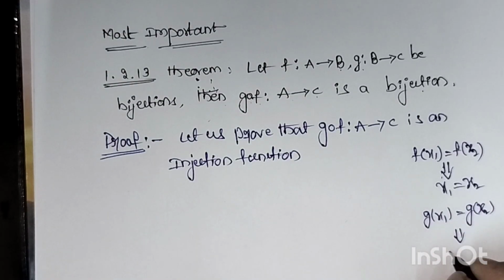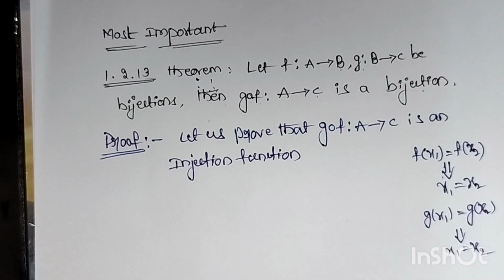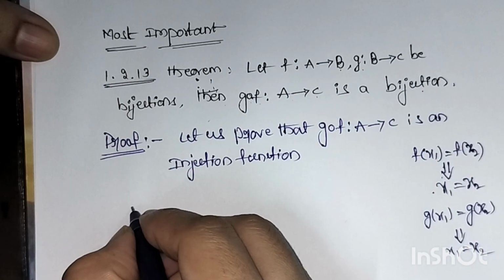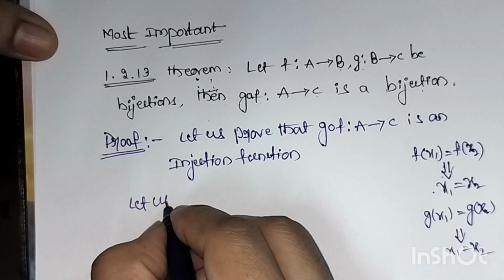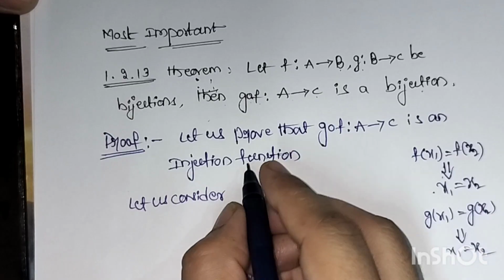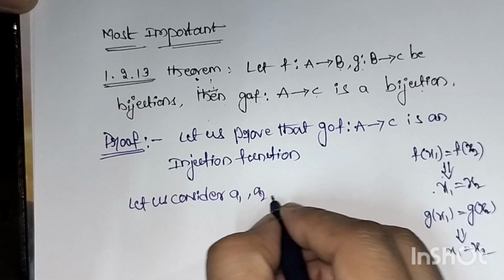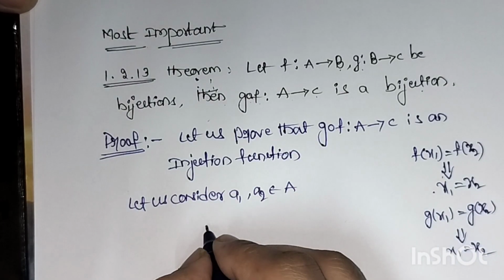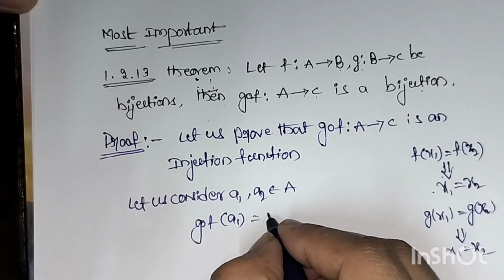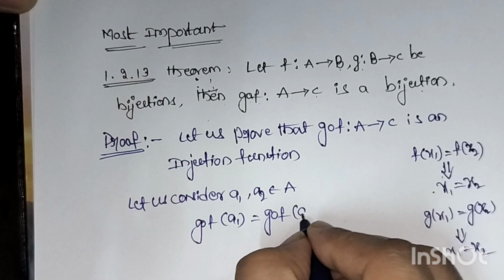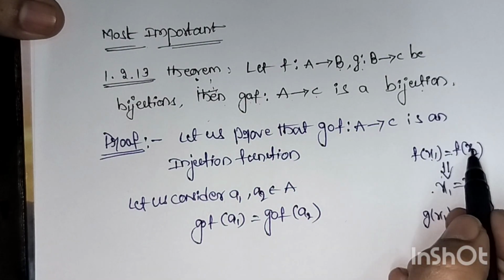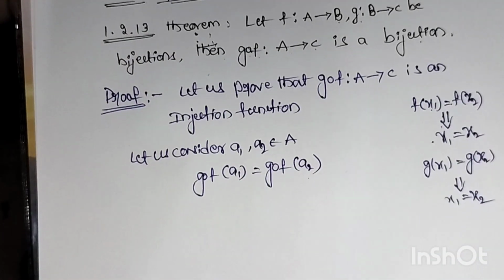Let us consider a1, a2 belongs to A. g circle f of a1 is equal to g circle f of a2. Like this, f of x1 is equal to f of x2. Remove the circle and add square bracket. g of f of a1 equals g of f of a2.